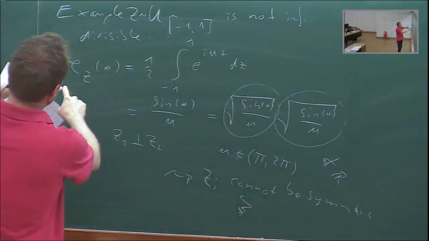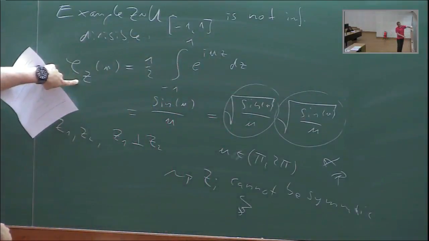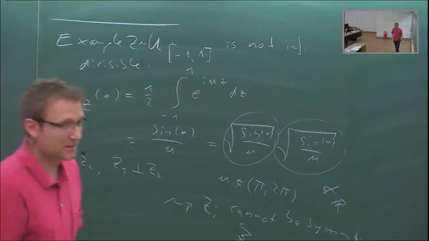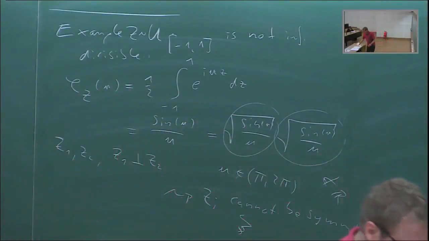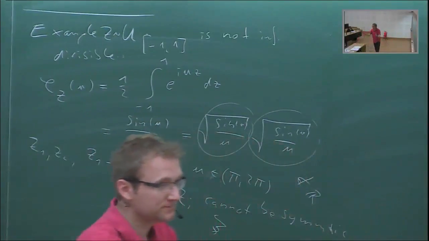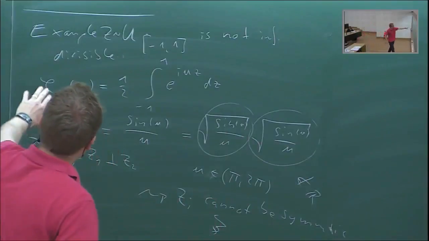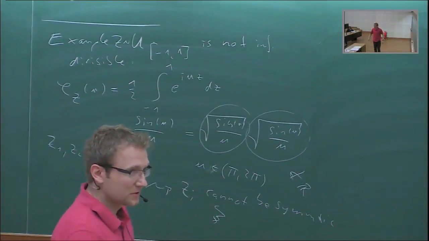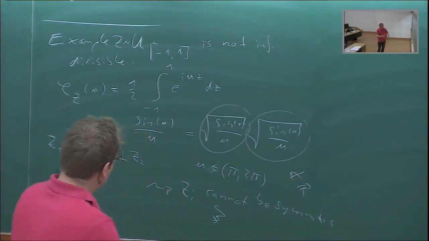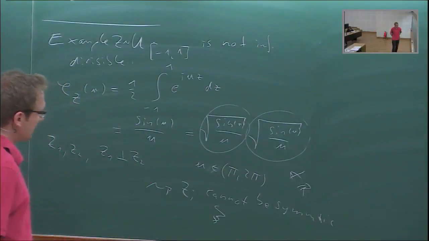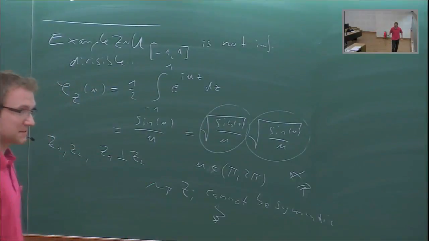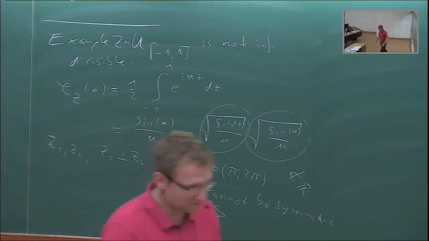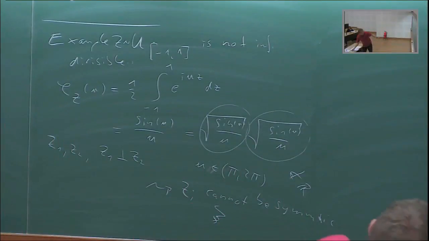Because zeta is symmetric, and you can see that if you have a symmetric distribution, then the factors of the convolution root should also be symmetric. So if you have two symmetric distributions, you convolute them, then they will also be symmetric. And this is vice versa. So the symmetry is preserved, and this is actually not the case here.